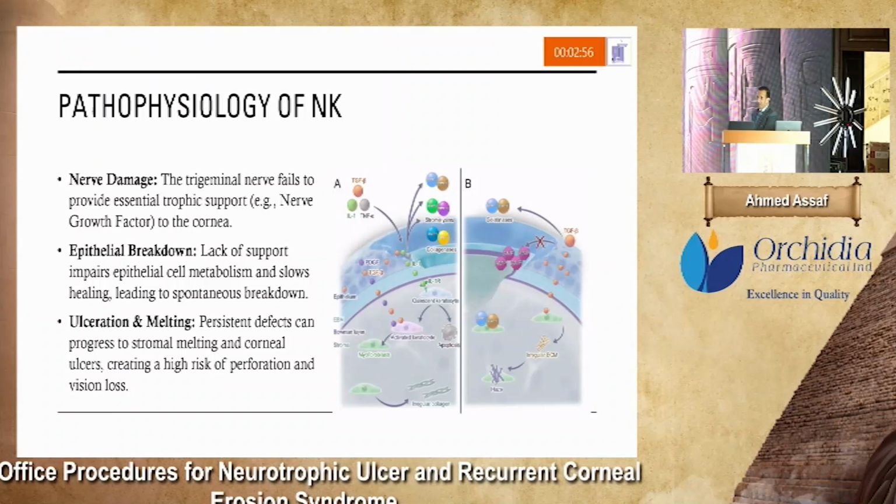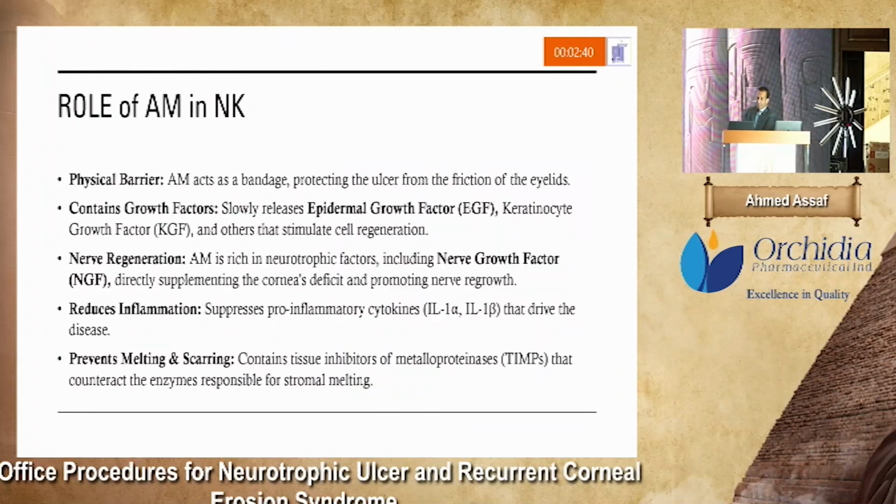And with the amniotic membrane here, we can not only prevent inflammation by MMP9, we can also promote healing of the epithelium by growth factors and neurogenic factors that are already embedded inside the amniotic membrane.